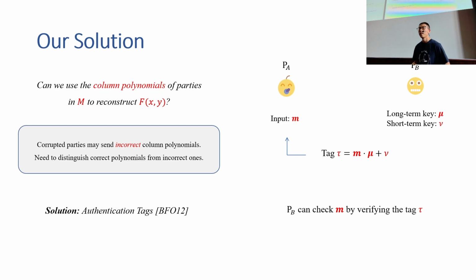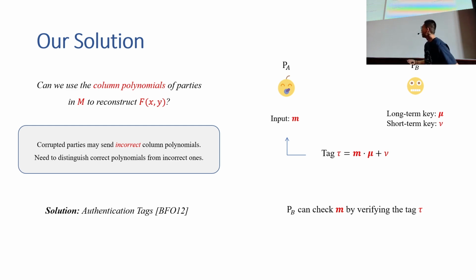The second key, nu, is a short-term key that is only a single field element. The tag is computed as the inner product between M and mu, plus nu. We let PA learn the tag, and later PA will send message M together with the tag so that PB can verify the message. I want to mention that the long-term key can be used to authenticate multiple messages, and only the short-term key needs to be refreshed each time.